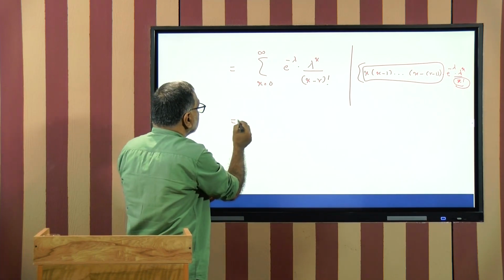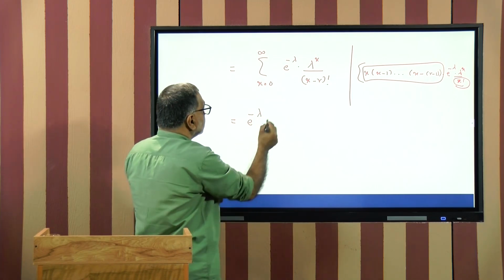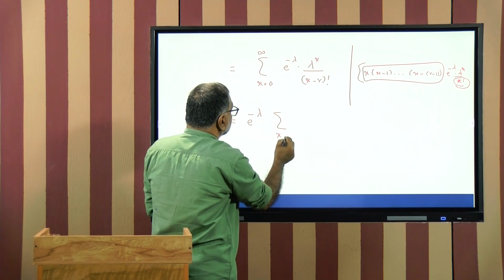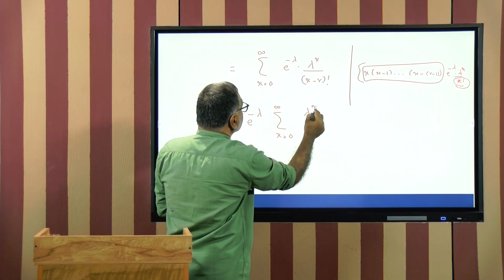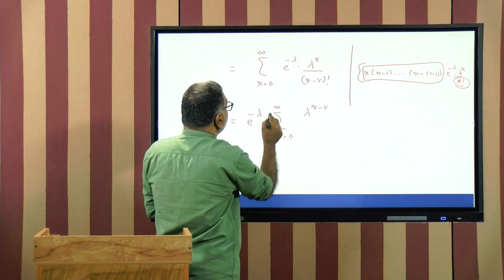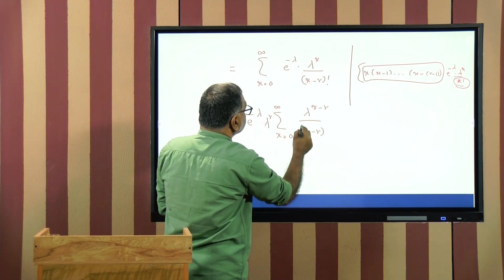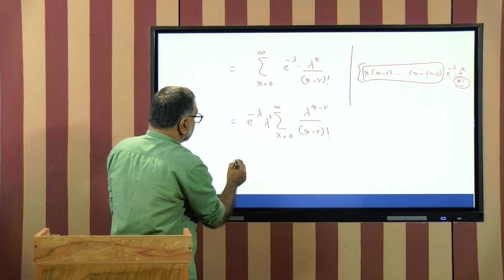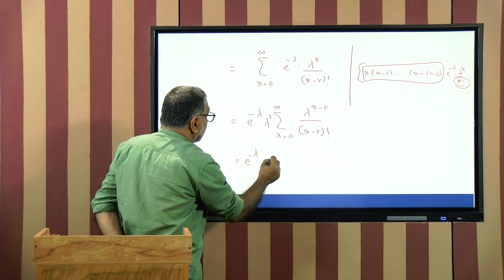So, e power minus lambda is taken outside, sigma over x equal to 0 to infinity, lambda power x minus r into lambda power r, this way we are writing, divided by x minus r factorial, and that is e power minus lambda, lambda power r.